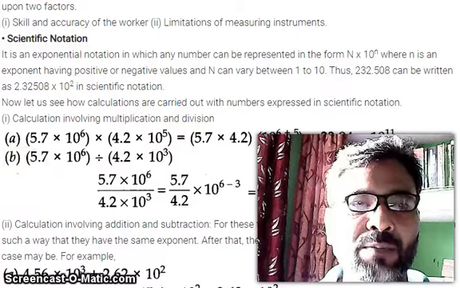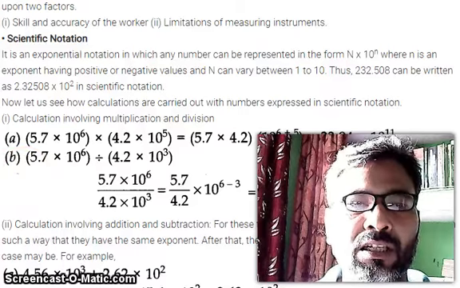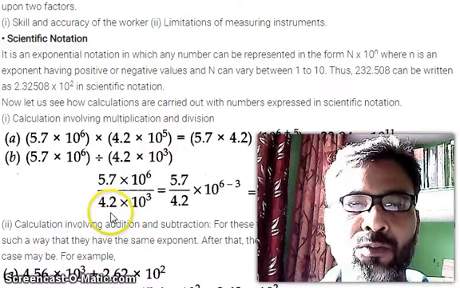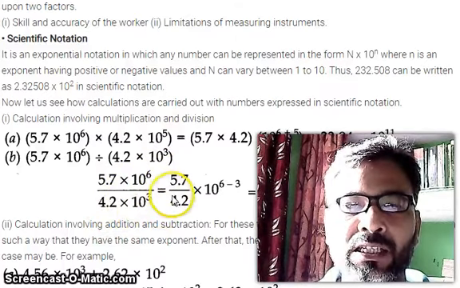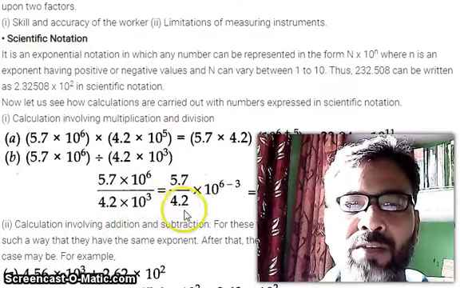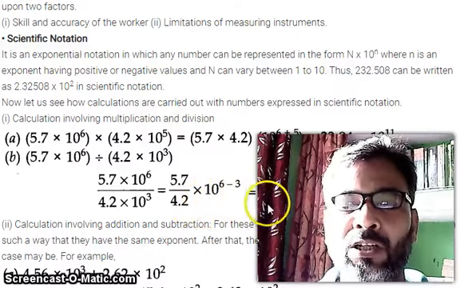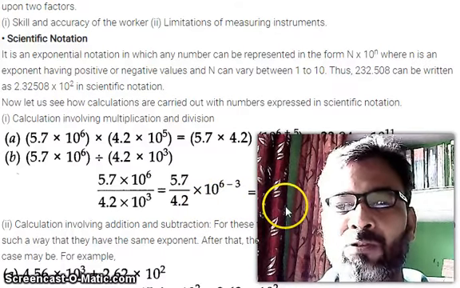In the same way, 5.7 into 10 to the power 6 divided by 4.2 into 10 to the power 3 is equal to 5.7 divided by 4.2 into 10 to the power 6 minus 3, which is 1.357 into 10 to the power 3.